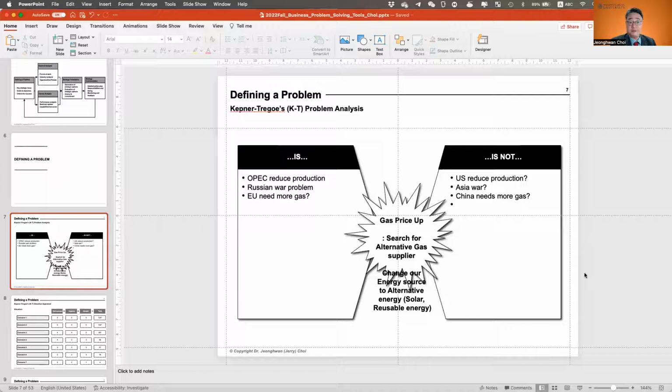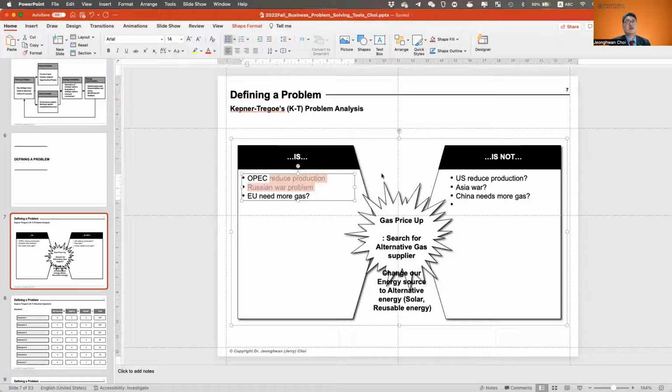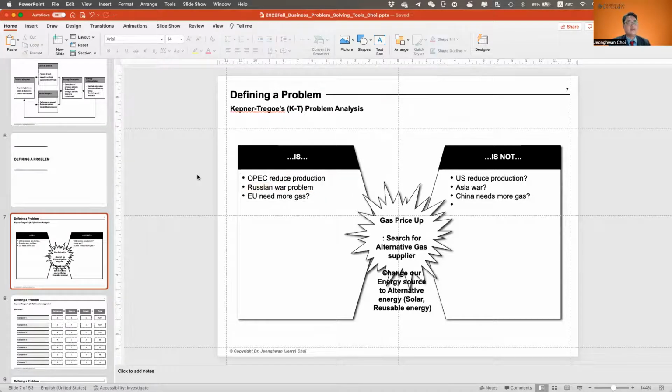Sure. And then probably we can think of electric vehicle based transportation supply chains. So like this, Traeger's problem analysis tool can give us insight into what is true and what is not true.